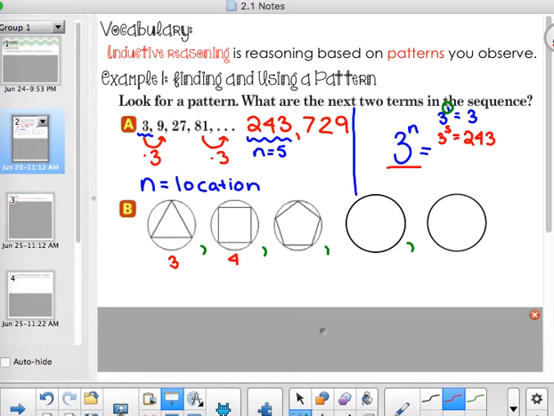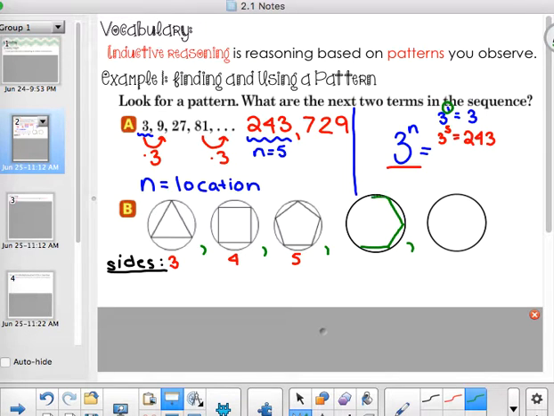The third term has a pentagon. Pentagons have 5 sides. So looking at the number of sides, I'm going to use the number of sides to help me determine the next 2 terms. Because my first term has 3 sides, my second term is 4, my third one has 5, I'm going to bet that my next term has 6 sides.